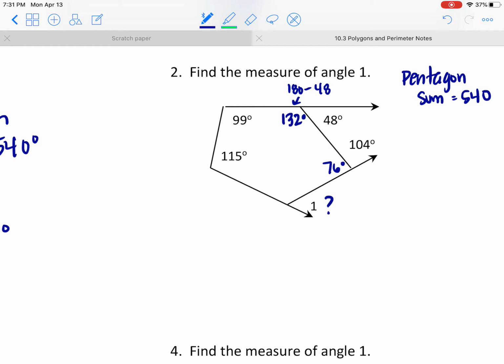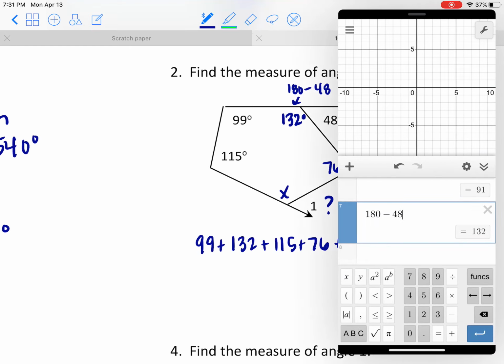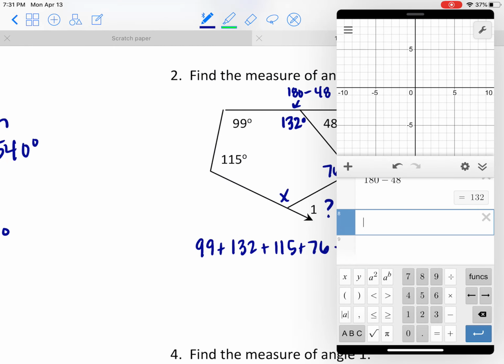And now I have 4 of the 5 angles inside the pentagon, so I'm going to start by finding this. Let me call it X, so I don't have too many question marks here. If I add 99, 132, 115, and 76, and X, if I add all 5 of those angles, I have to get 540 degrees total. So let's go here.